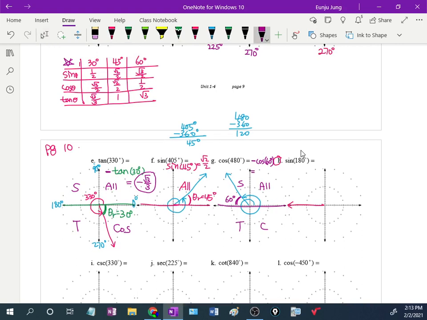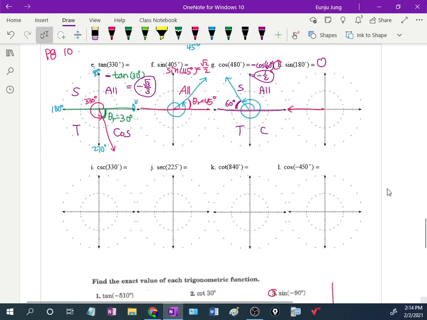So that is 1/2. So the answer will be negative 1/2. Okay? All right. So if you want to put an answer for this, you can put negative 1 over 2. You can put that for the answer, okay? But I will talk about that later today. Any questions?